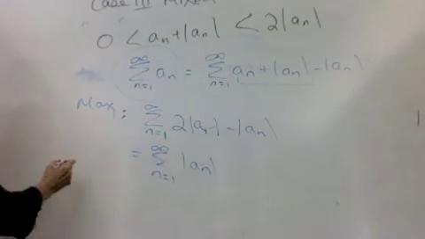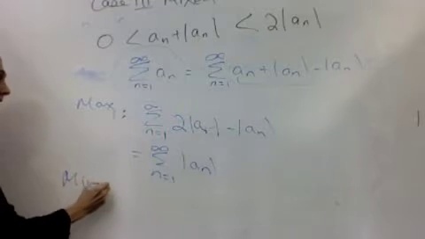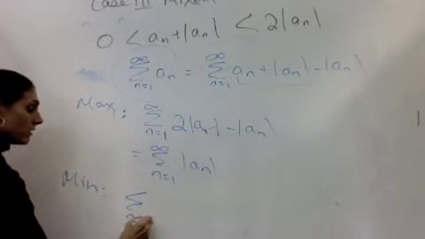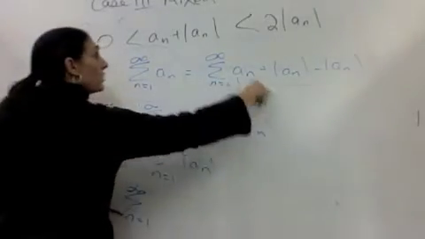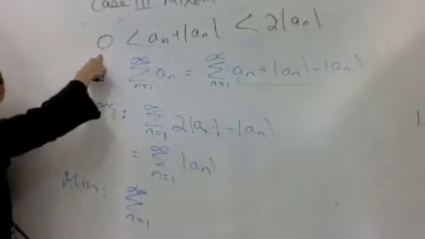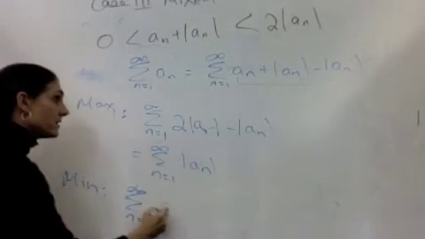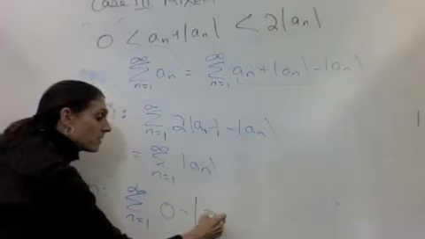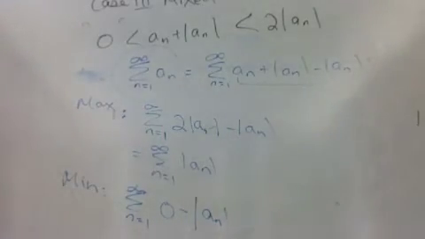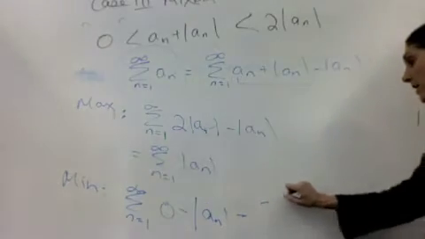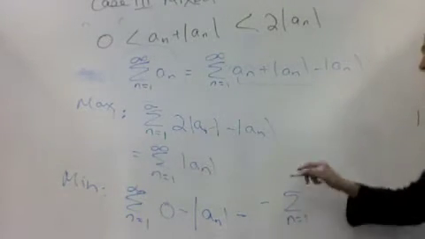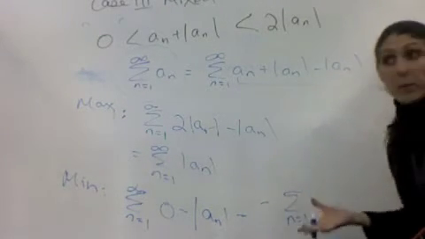So what's the minimum? Well, I said that these two can be 0. That's the minimum it's going to be. So I would get 0 minus the absolute value, which is just negative. You're adding up all these terms, but you're just multiplying it by -1.